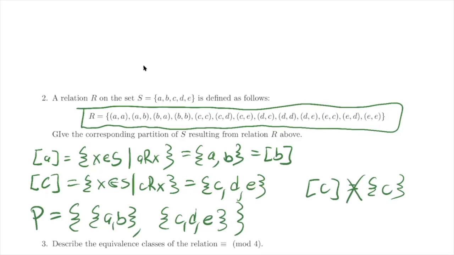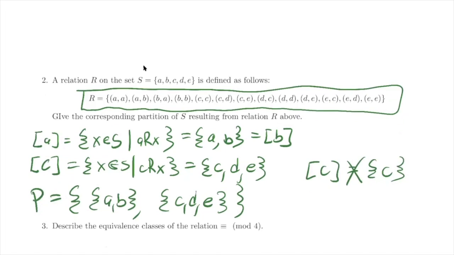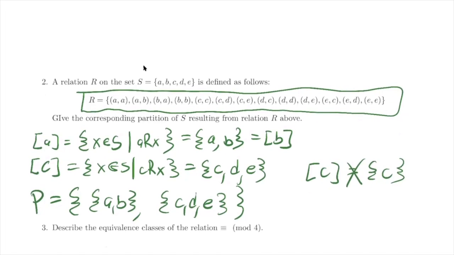So that's taking a relation and setting up a partition from that. But if we're going in the other direction, it's kind of hard to generalize what you would want to do in that process. But it might help to start writing out what elements are in the equivalence class.